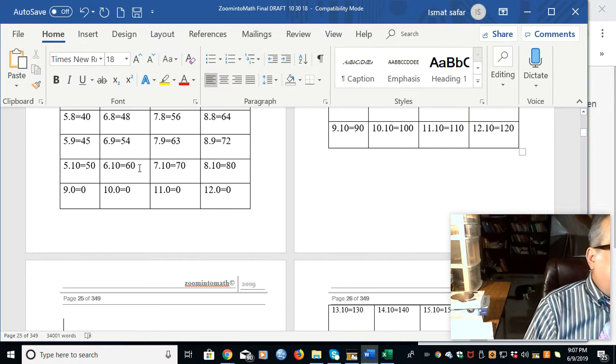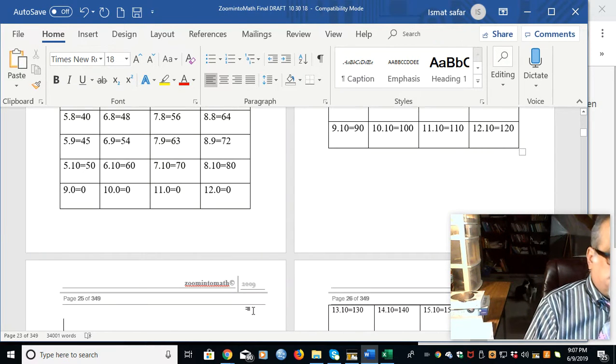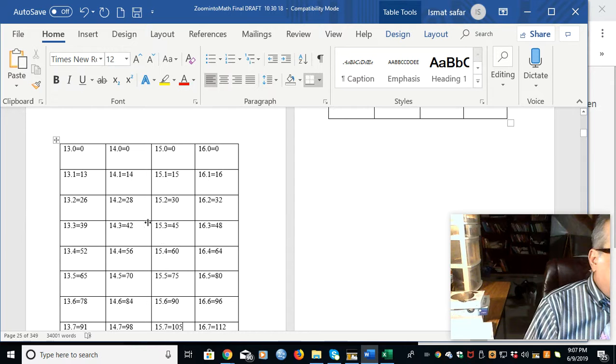What is 6 times 10? 60. What is 7 times 10? 70. 7 times 9 is 63. Now, the book says 13 times 0 is 0. 13 times 2 is 26. 15 times 4 is 60. 15 times 5 is 75.